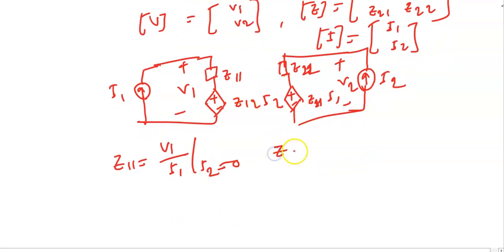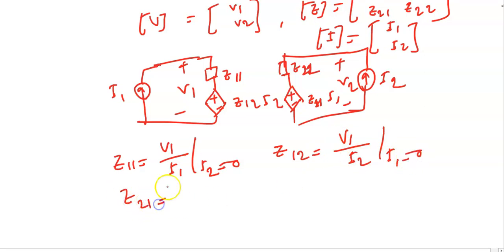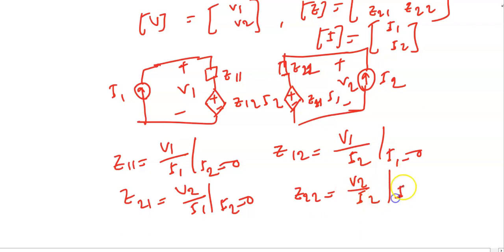So Z12 is equal to V1 upon I2 when I1 equals 0. Z21, you can use Z or G, as more appropriate, is V2 upon I1 when I2 equals 0, and Z22 is equal to V2 upon I2 when I1 is 0.